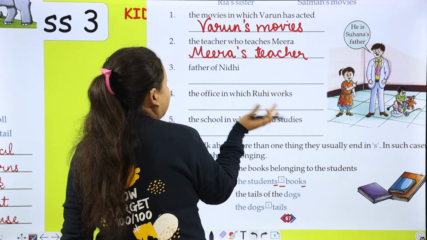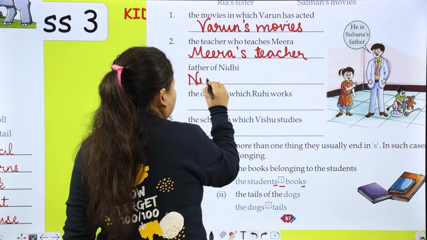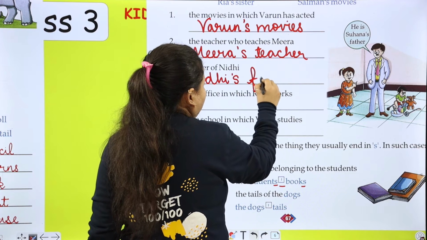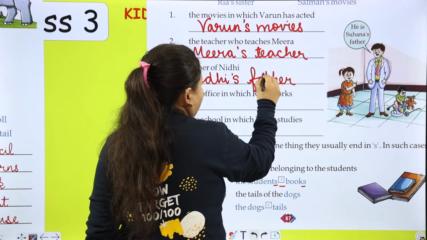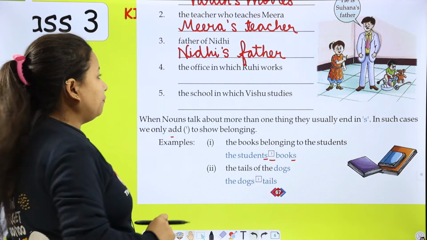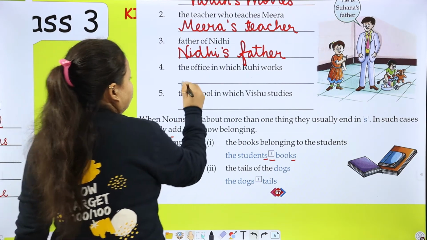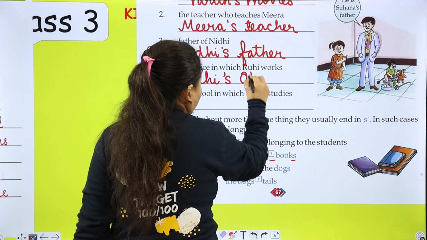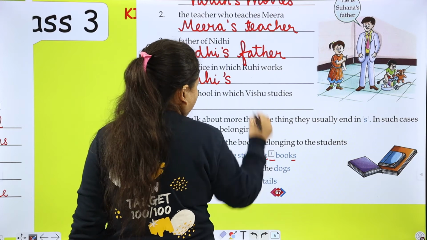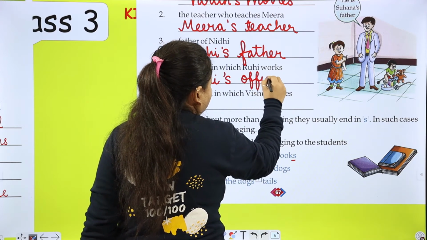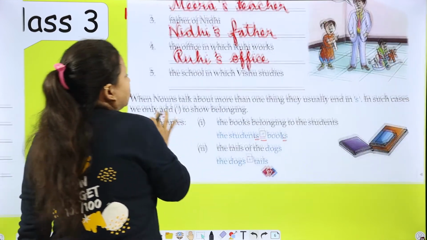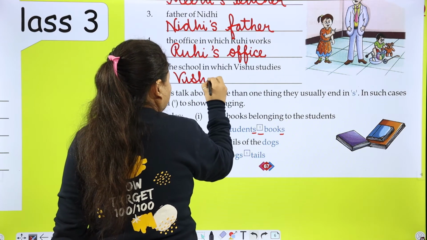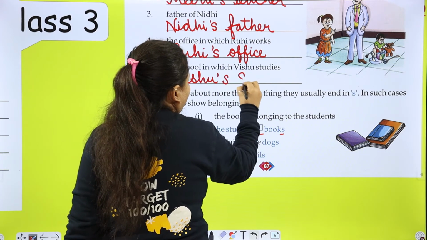Father of Nidhi, Nidhi's father. The office in which Ruhi works, Ruhi's office. The school in which Vishu studies, Vishu's school.